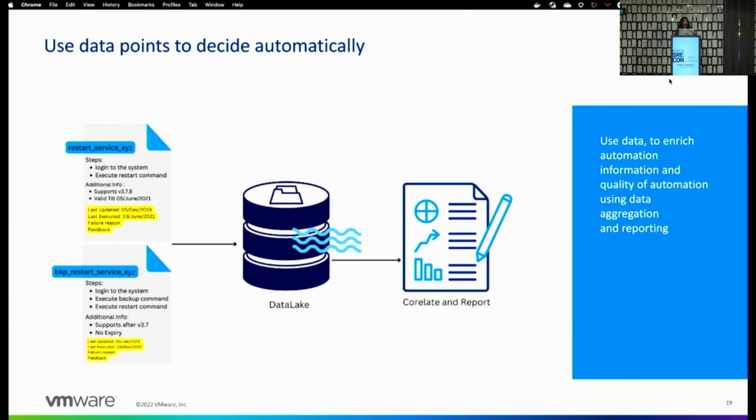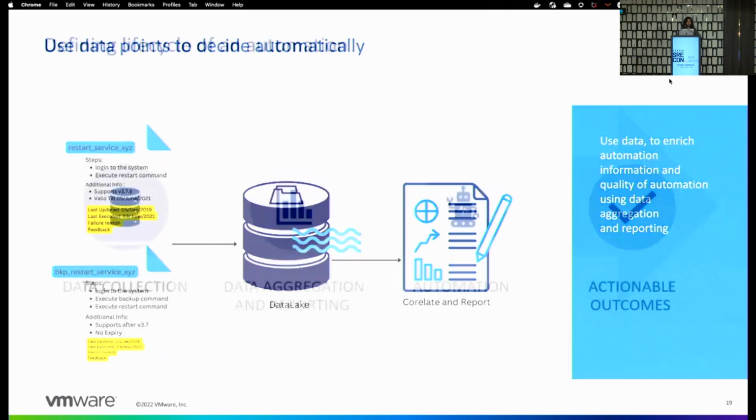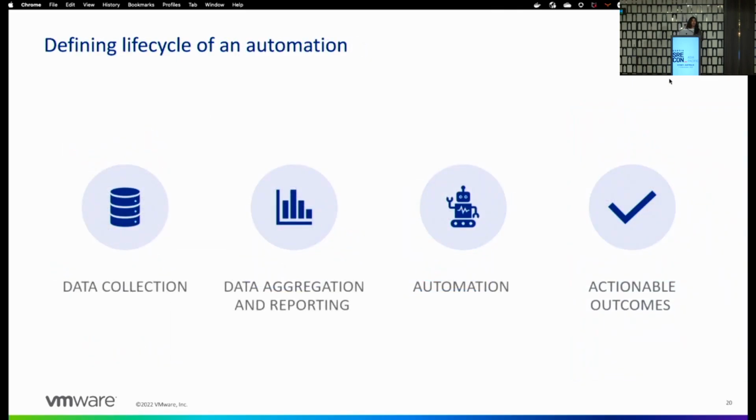Now, let's look into how we actually achieved this. We have this system implemented in production and it has been running for almost 7 months now. So how do we do it?